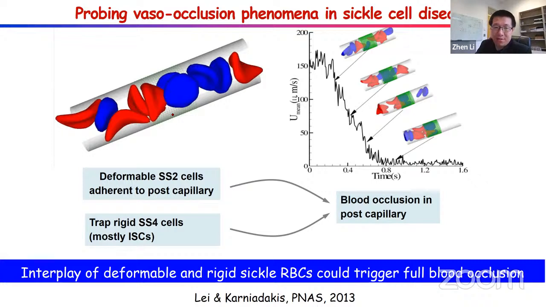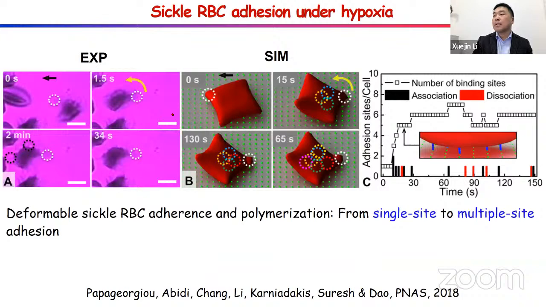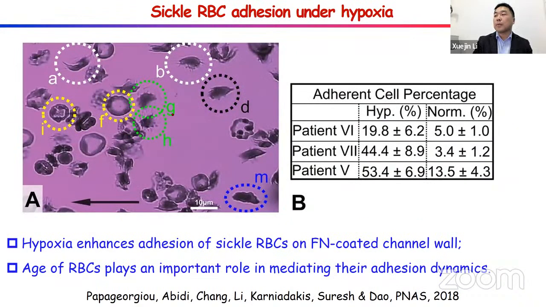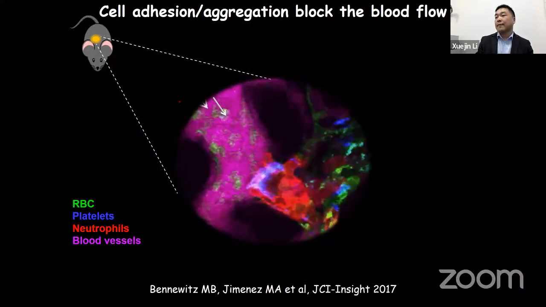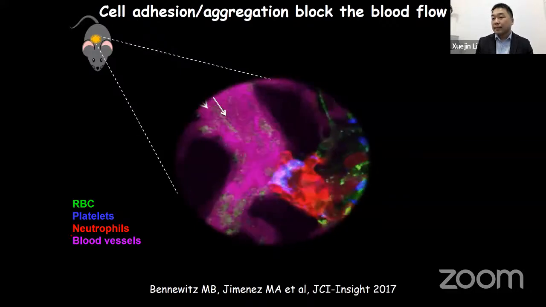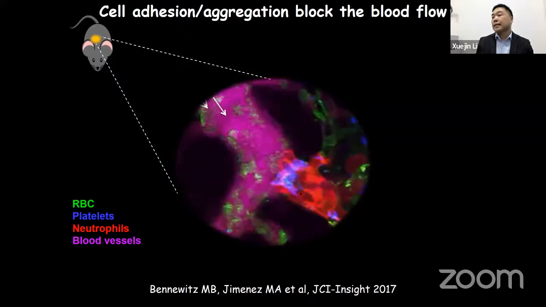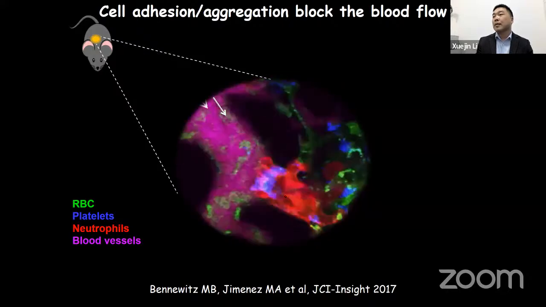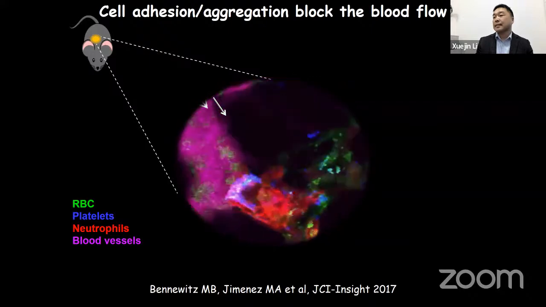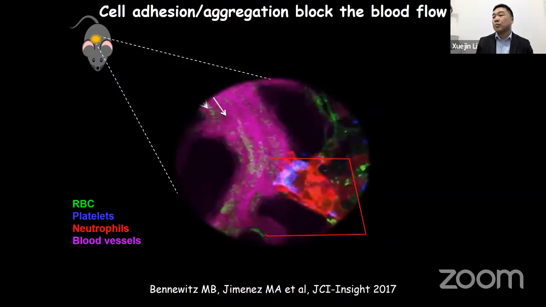For example, white cells, are they also playing a role in the dynamics? Yes, that's true, because the white blood cell can also adhere to the blood vessel. For example, in this video, you can see the neutrophils, the white blood cells, adhere to the blood vessel walls and form aggregates, and this contributes to the blood occlusion in these larger blood vessels.